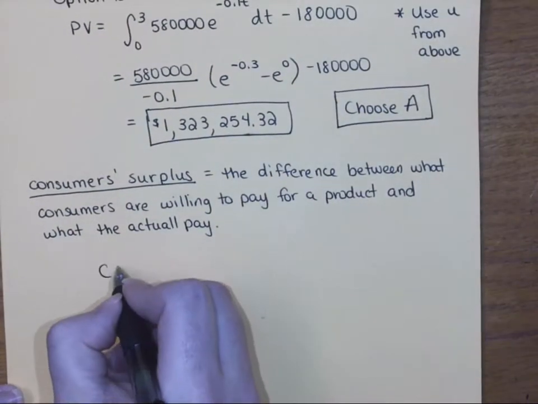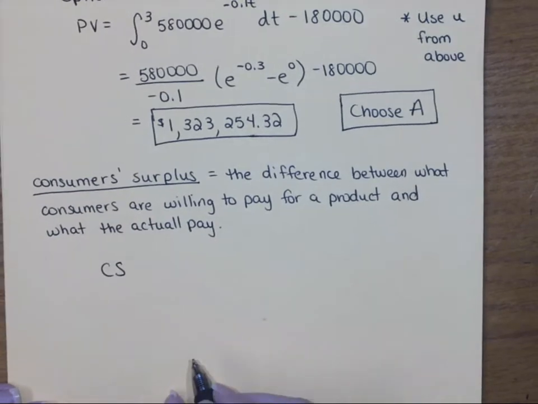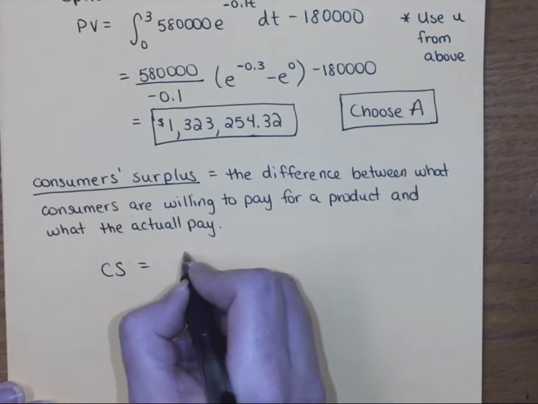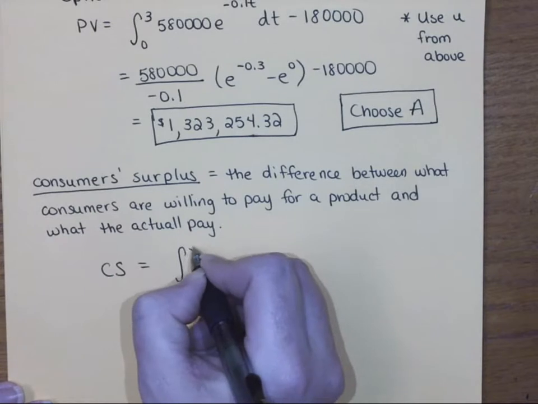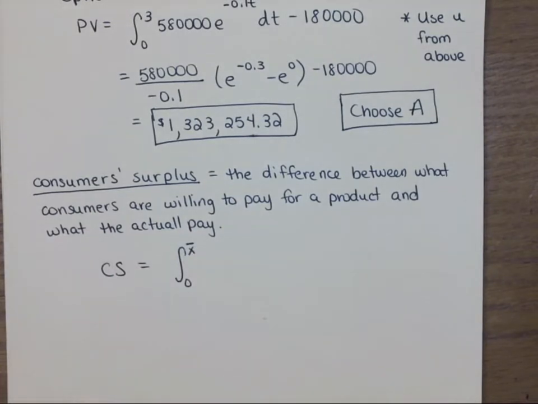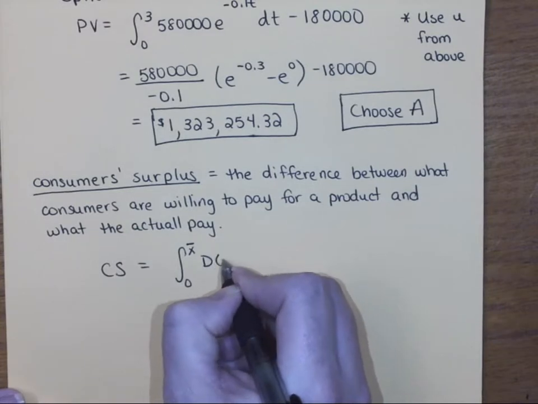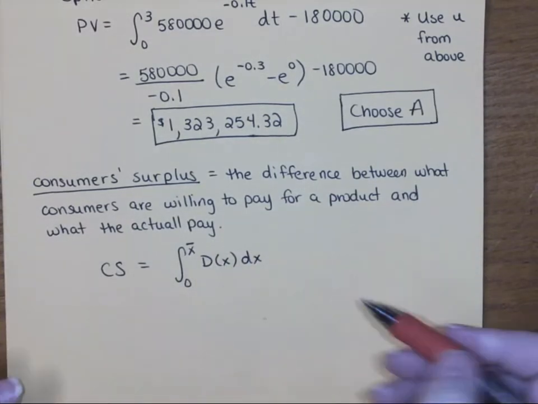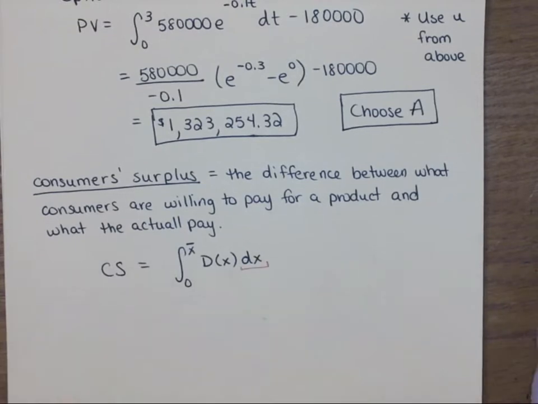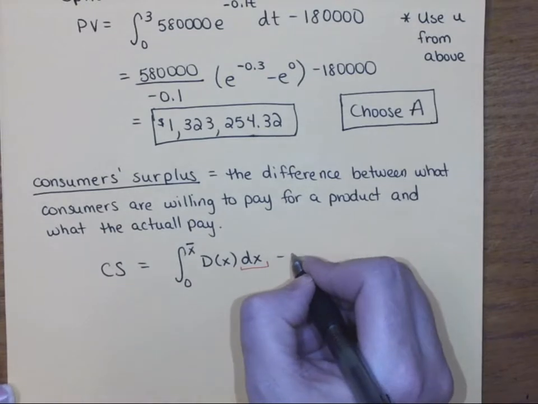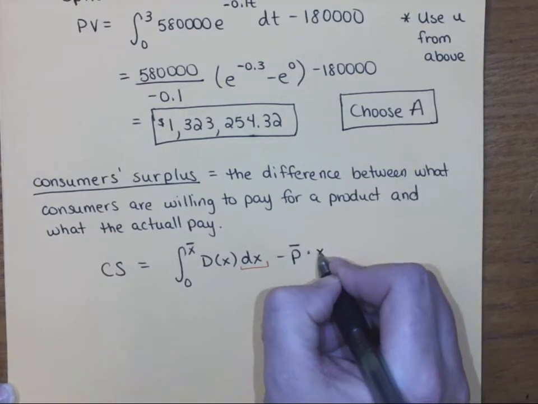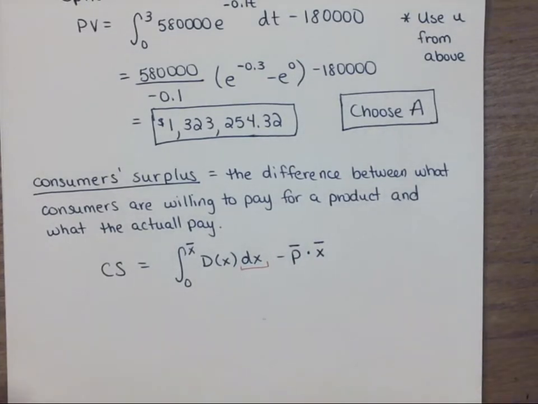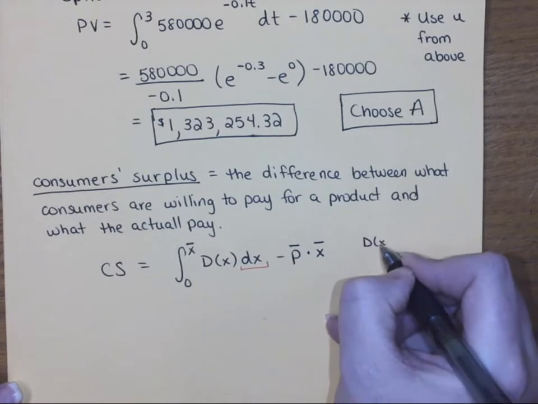And the formula for that, we'll call it CS for consumer surplus. It's going to be the integral from 0 to something we'll call x bar. I'm going to tell you what x bar is in a minute. And it will be capital D of x, and then this is just notation, so don't let that confuse you. It's just the antiderivative of d of x, and then minus this quantity. So let's define what these variables are.